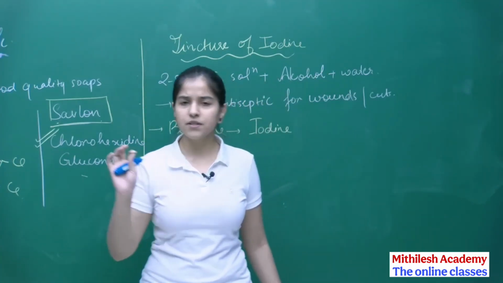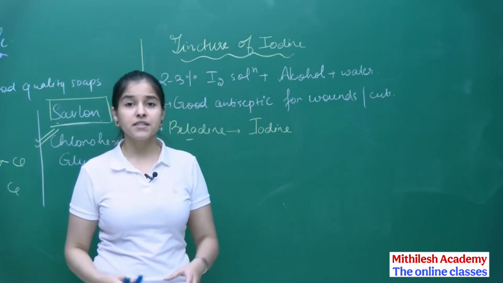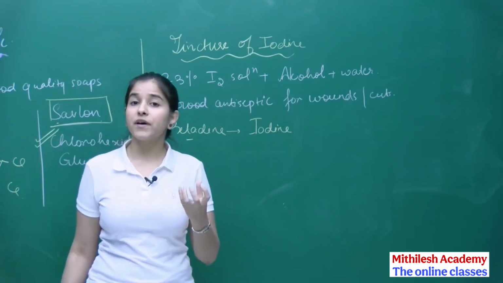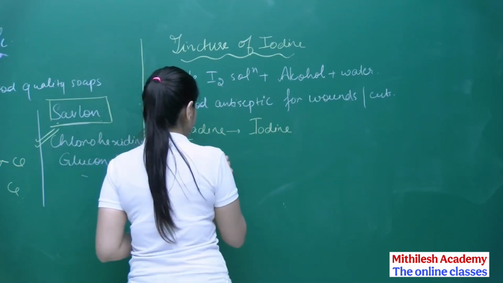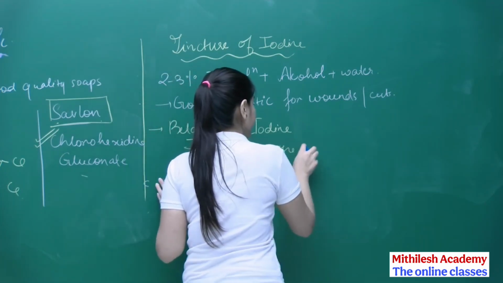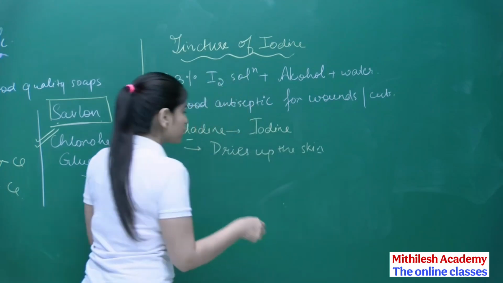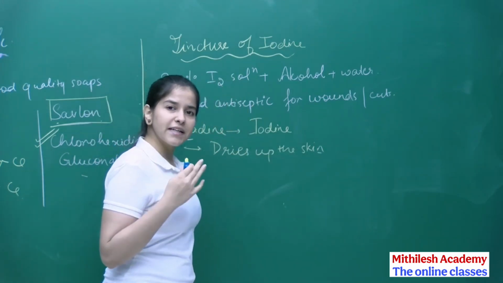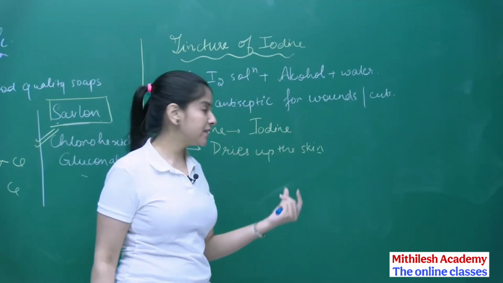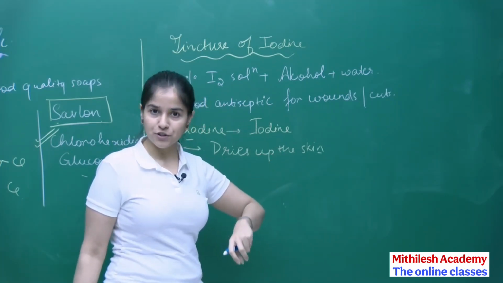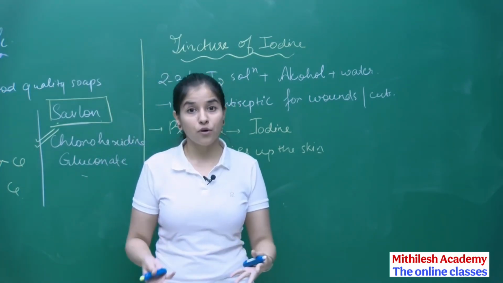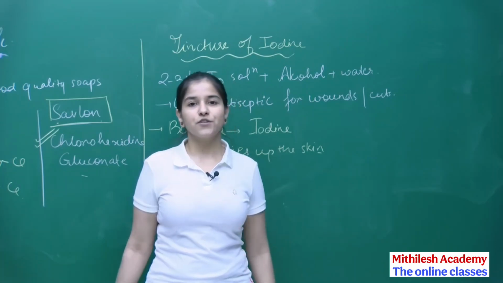It's actually a 10% weight by weight solution first of all, but having so much quantity of iodine within it, it actually is a very drying agent also. So it dries up the skin. So that means it is not so much used on a regular basis, but it can be used if we are using it in a diluted form. That means making the concentration low for that solution. So we can use betadine for our wounds and cuts instead of using Dettol as well. So that is also an alternative that you can use.